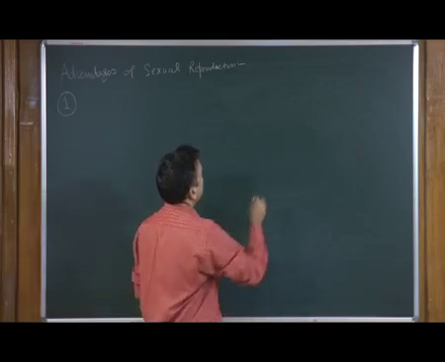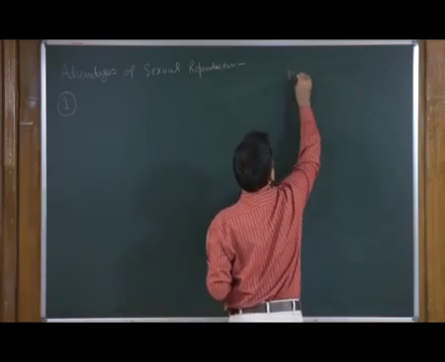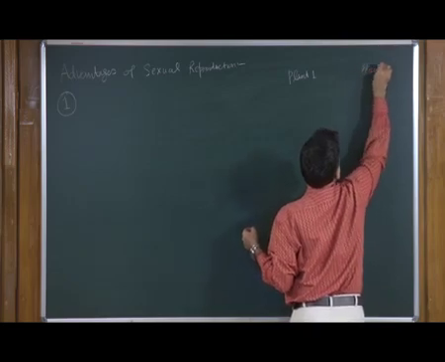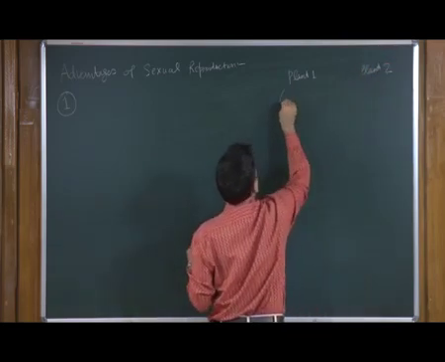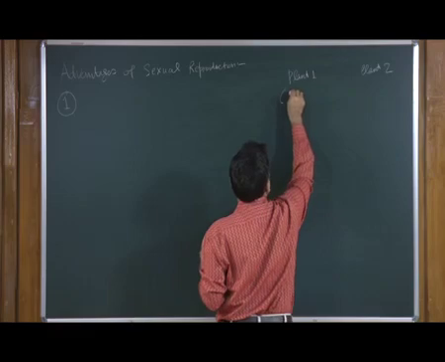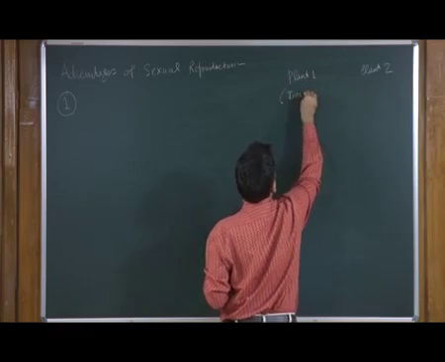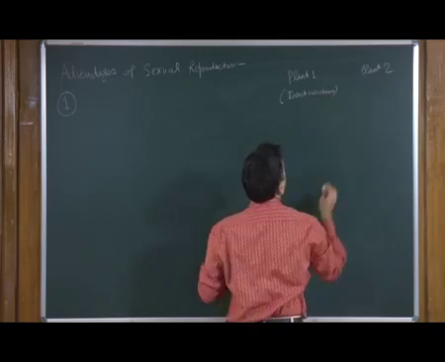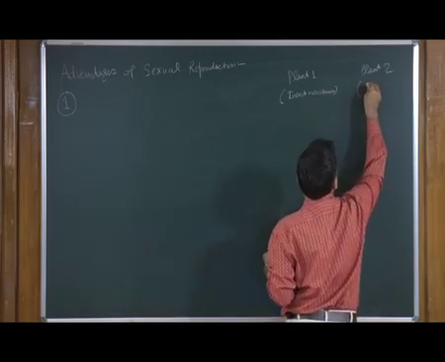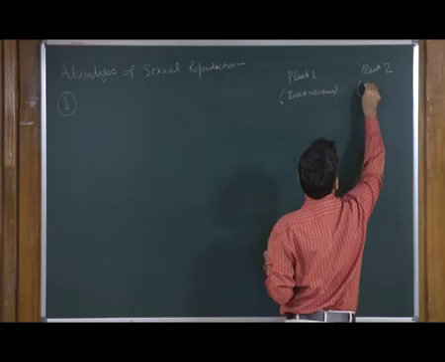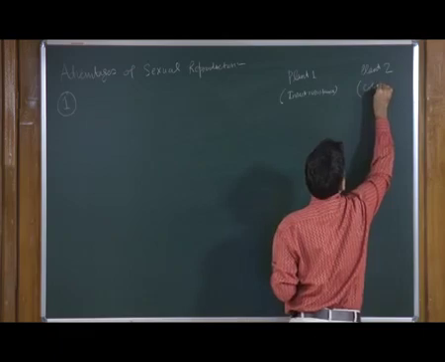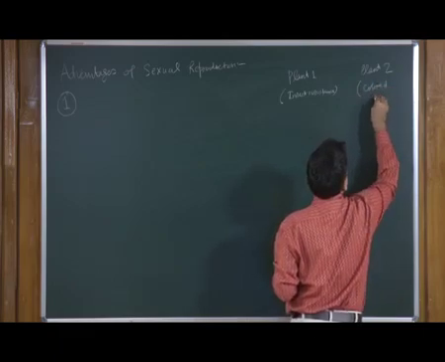Okay. You can imagine that there is a plant 1 and a plant 2. This plant is insect resistant. This plant, for example, has a colored flower.